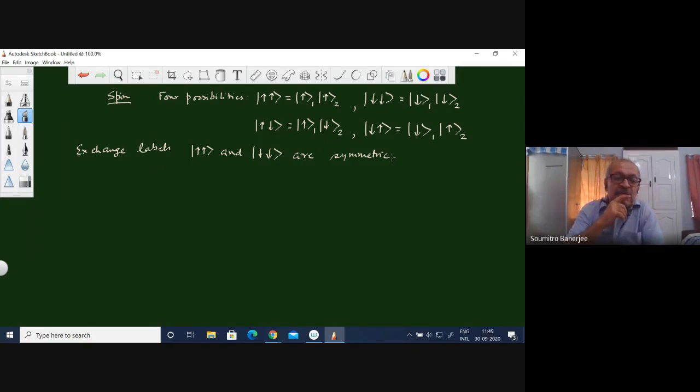But then we will do the same thing the way we handled the spatial wave functions. I see that these two are neither symmetric nor antisymmetric, but let us check if we add them and subtract them, we do get something meaningful. So let us first add them.